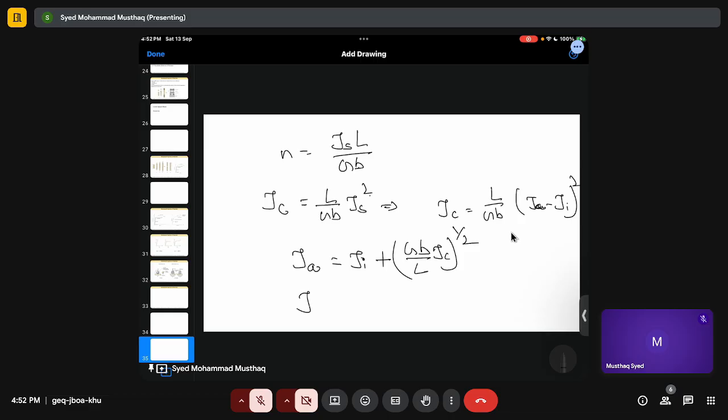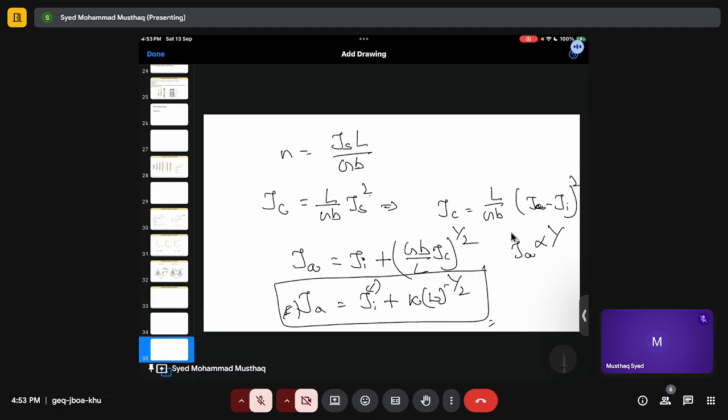So tau a will be equal to tau i plus k L power minus 1/2. This is all of its correlation. This is the applied shear stress, the frictional shear stress inside the material, plus the constant term k, which is constant, times the size of the grain. So the applied shear stress or the yield strength is inversely proportional to the square root of the grain size.